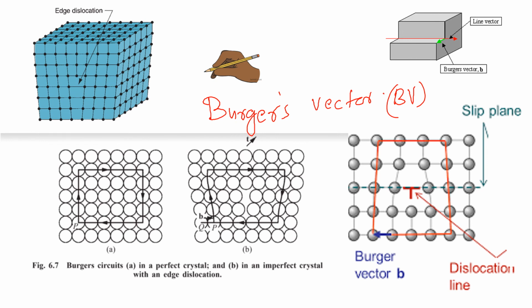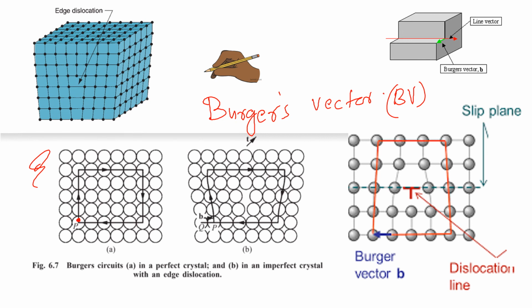Now, how to find the Burger's vector? For finding the Burger's vector, first we have to draw the Burger's circuit. How to do that? Here is a perfect crystal arrangement.